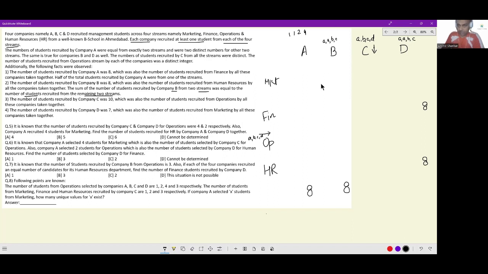So out of the 4 counts of people recruited into the 4 areas, these 2 add up to the same number as these 2. All of them together add up to 8, so each of these groups has to add up to 4.